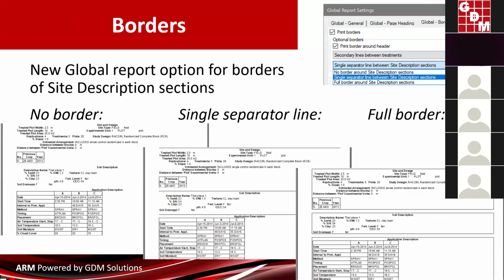Another update here related to your site description report. It's related to the borders. So previously, you really had two different options, was all. This one on the left with no border. If you didn't have any borders at all, you just have every section of the site description and of the whole report just kind of flows together.